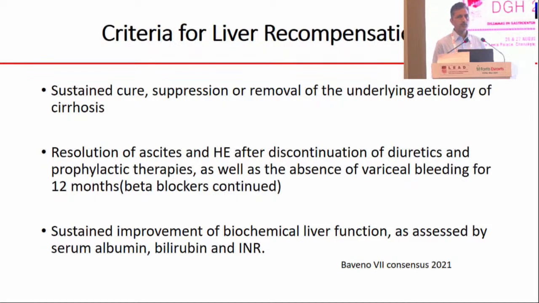It means that the patient should be off diuretics and off rifaximin and lactulose for at least 1 year, and there should be no bleeding even if the patient is on beta blocker. Third is sustained improvement of biochemical liver function, assessed by albumin, bilirubin and INR. This is the definition given by Baveno 2021, and all three should be met to label recompensation in liver disease. But I think there are a lot of drawbacks in that definition also.